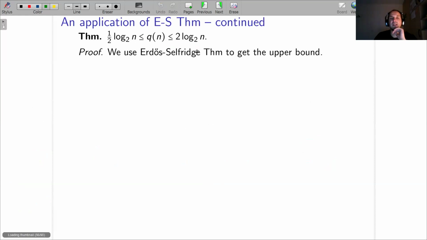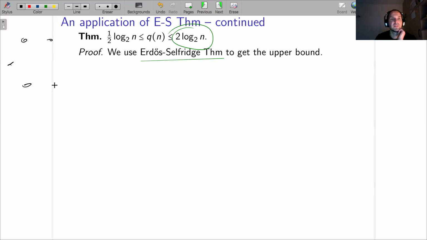Why is that? Well, let's apply the Erdős-Selfridge theorem to this game. What is the actual thing we want to prove?